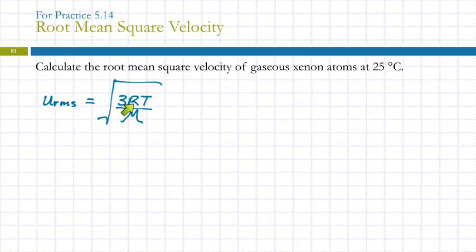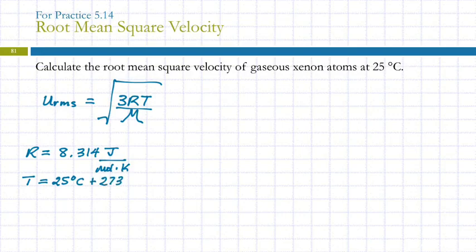So we've got 3RT. This is our temperature. For R, we're going to use the units joules per mole Kelvin. What unit do I need for that temperature? Kelvin. So 25 degrees Celsius, I need to put that in Kelvin.